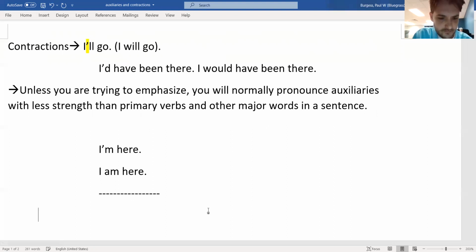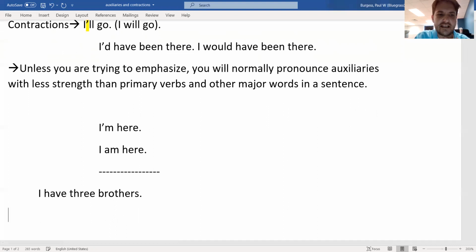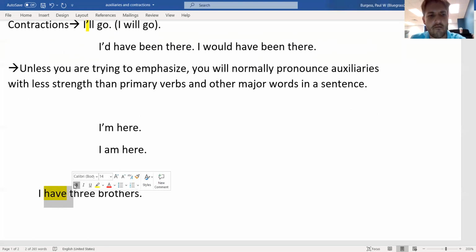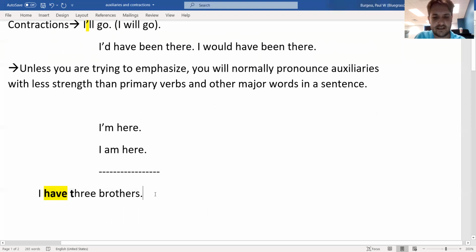So, I have 3 brothers. Have gets strong pronunciation, and that's because have is not auxiliary here. This is something I actually have, own, possess.